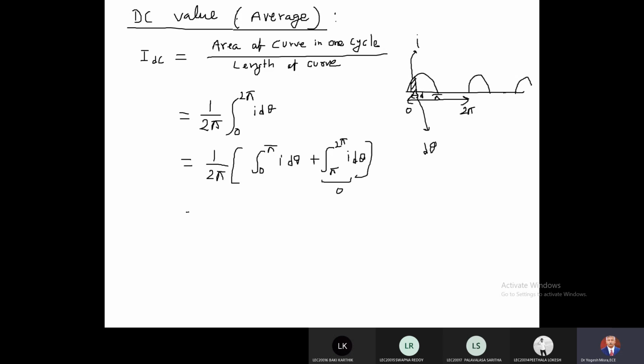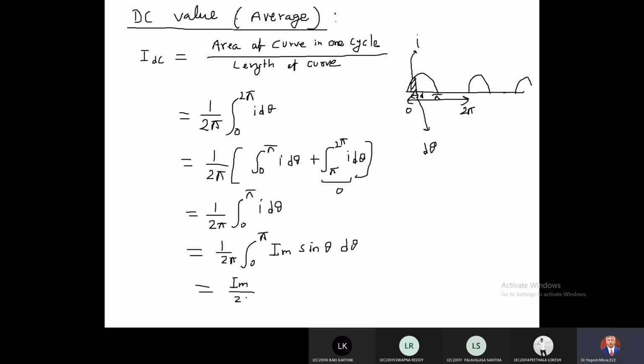Okay, so now we will get 1 by 2π, integral 0 to π I dθ, and this will be equal to 1 by 2π, integral 0 to π, where I will replace I by Im sin θ dθ.